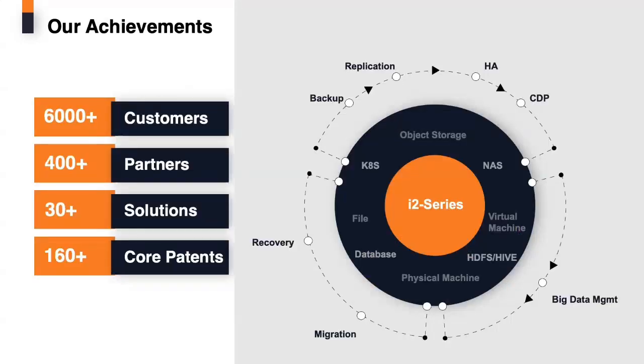We have more than 6,000 customers across China and overseas markets, 400 partners, and 30-plus solutions covering backup, replication, high availability, CDP, big data management, migration, and recovery. We can also protect all the mainstream workloads in the market, not only servers and NAS, but also S3 storage and databases.